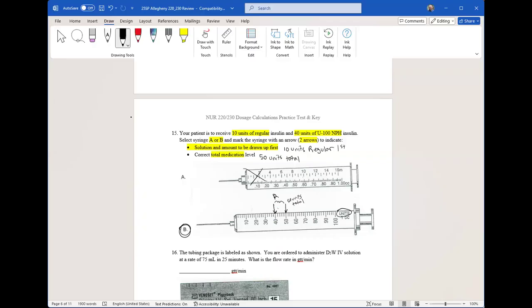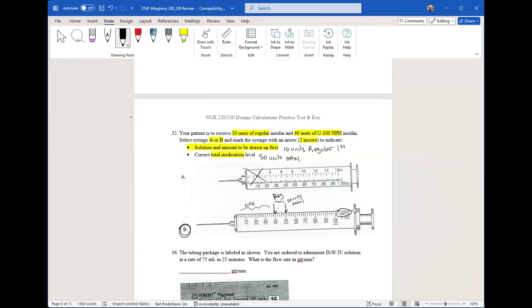That's an R, so I'm just going to write reg. Regular insulin is right in here between the 40 and 50. And then your NPH is all through here. All your NPH is in the 0 to 40 range. The regular is in the 40 to 50 range, and then that's your total.